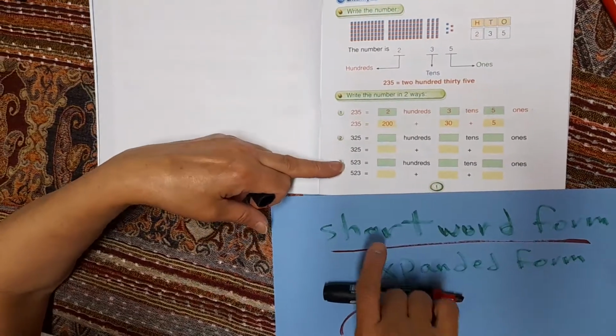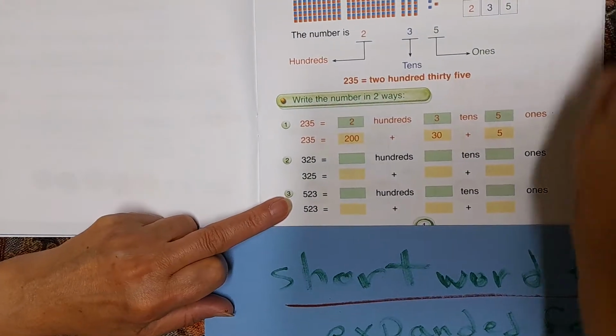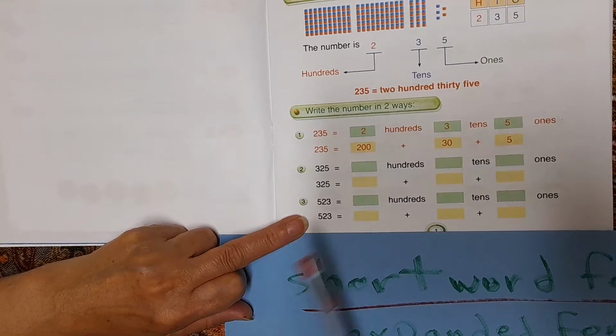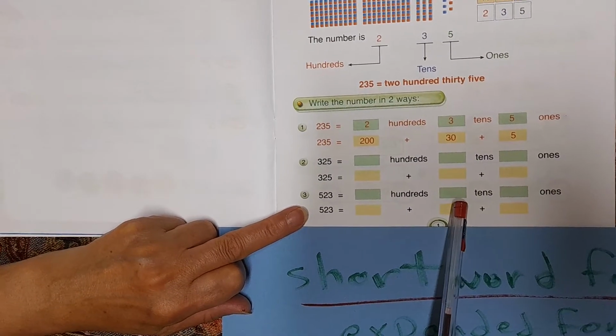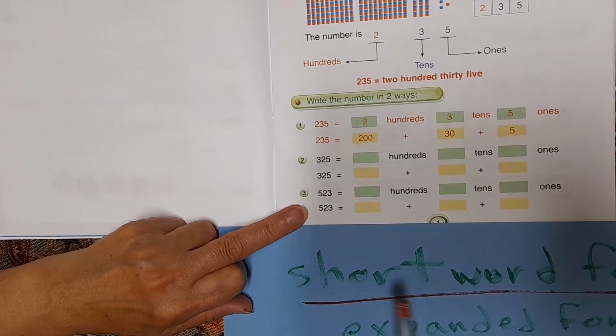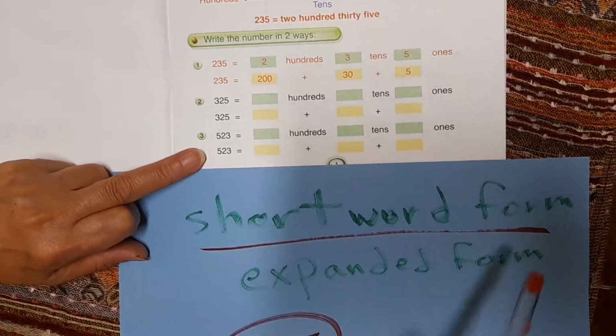Let's do, for example, the last one. Who can read this number for me? Yes, it is 523. This is the standard form. Now, how many hundreds do I have? 5. How many tens? 2. How many ones? 3. We call this short word form. Now write it using expanded form.